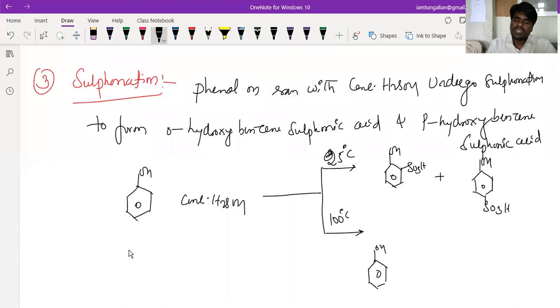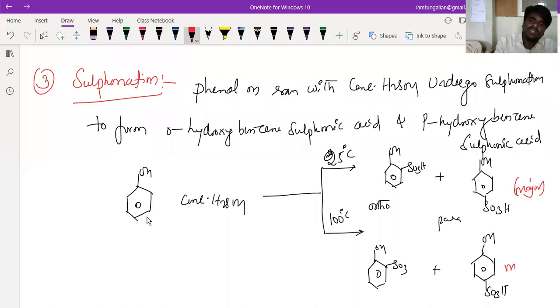What happens here? At low temperature, para will be major, beta. At high temperature, the ortho product, beta, is major. The para product is major at low temperature. Which is major, beta? This is major. This is a temperature controlled reaction.